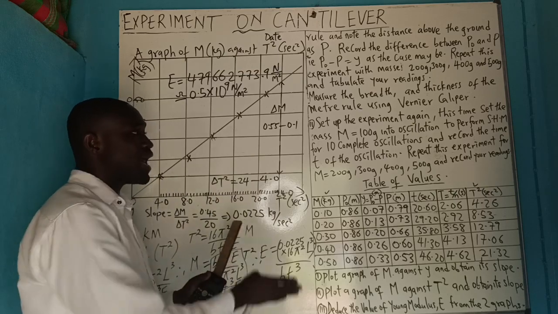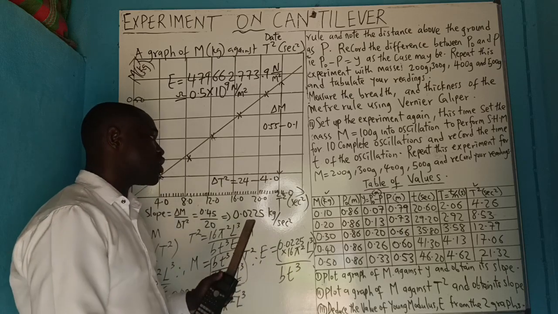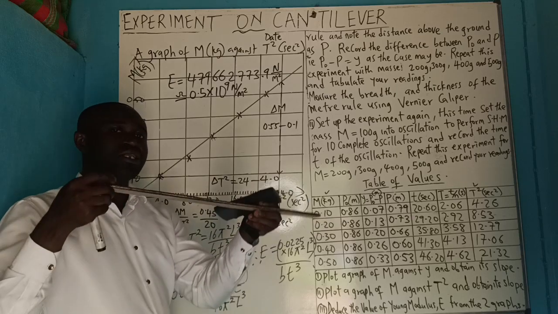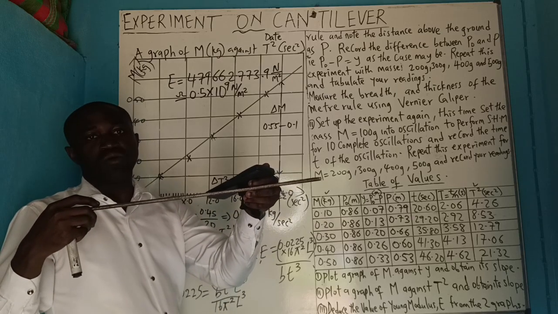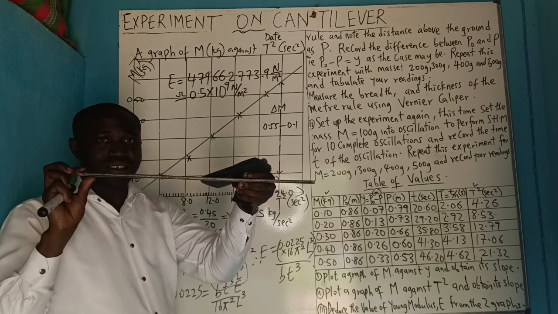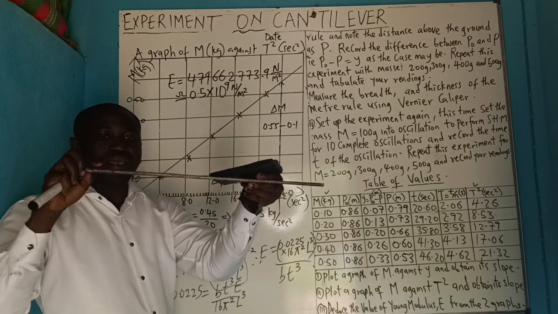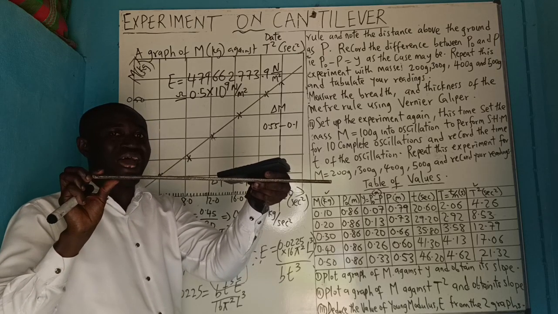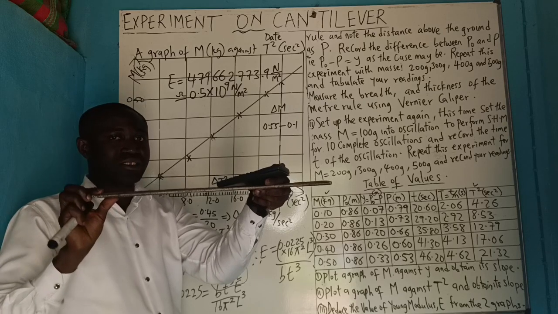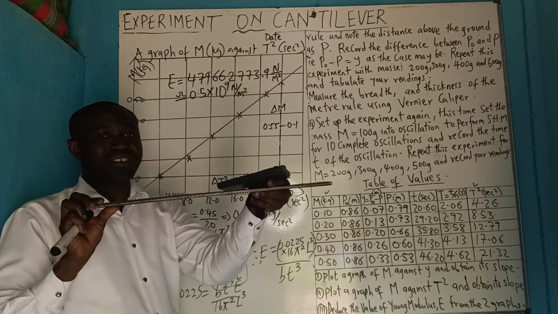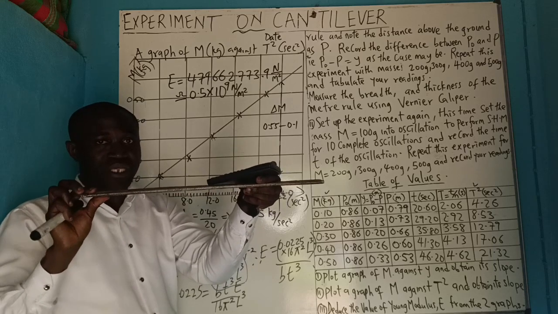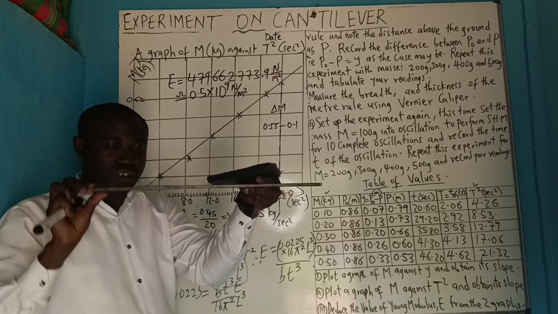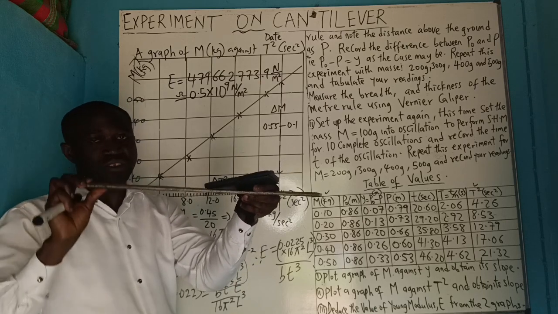Remember we said you can be asked to write precaution. If you are asked or if you are not asked, please include your precaution. And we mentioned one of it, that care must be taken while displacing this meter rule, that you displace it at a small angle so as to minimize error. When you displace it at a small angle, it will be oscillating slower, and so you can count your 10 oscillations.